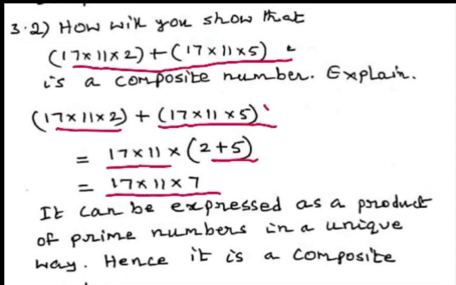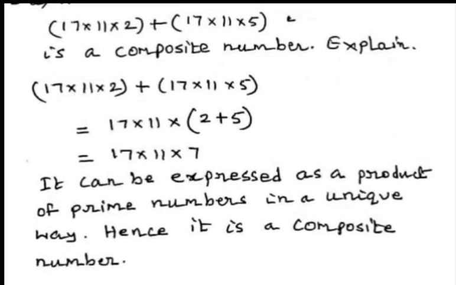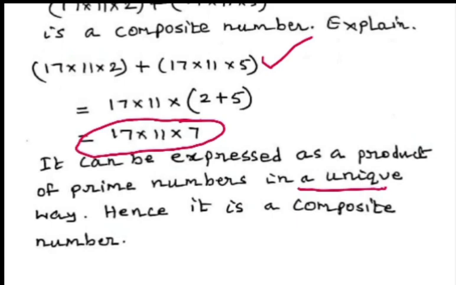So this given number is expressed as the product of 3 prime numbers, in a unique way. So it is a composite number.